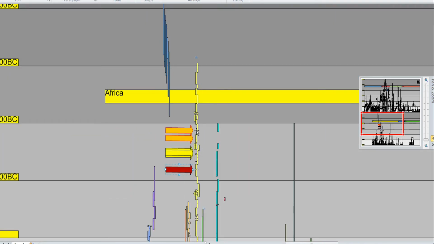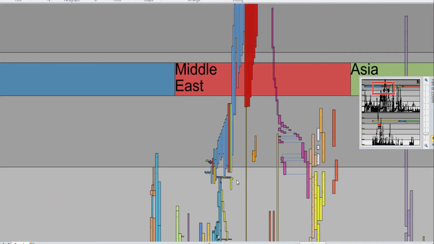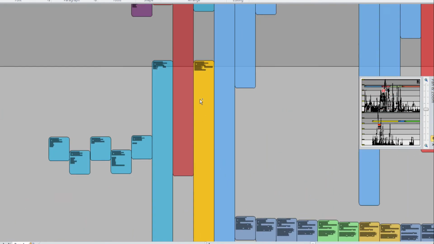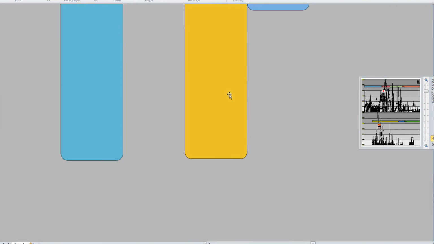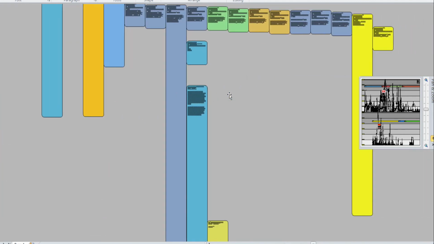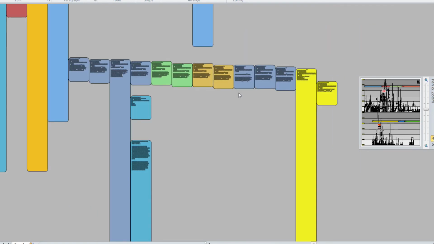But as far as Jacob goes, we have one entrance that's over here at 1878 and one entrance that might be 1706 BC. And there we have Jacob spending the last part of his life in Egypt due to Joseph, who was in Egypt because he got sold as a slave.